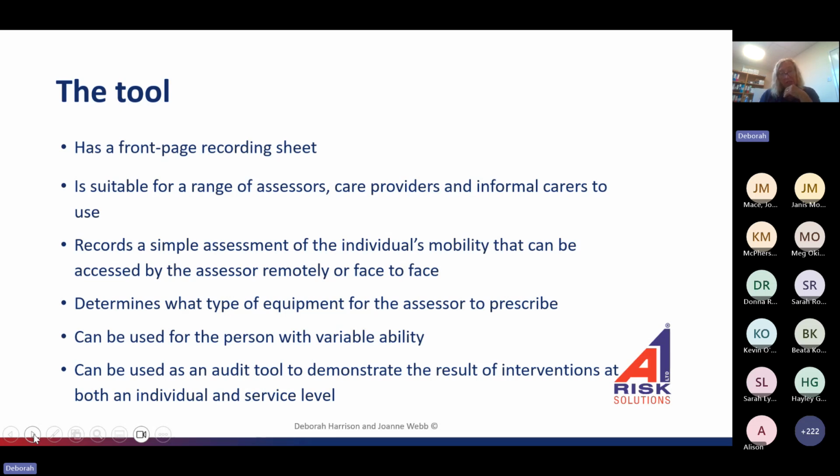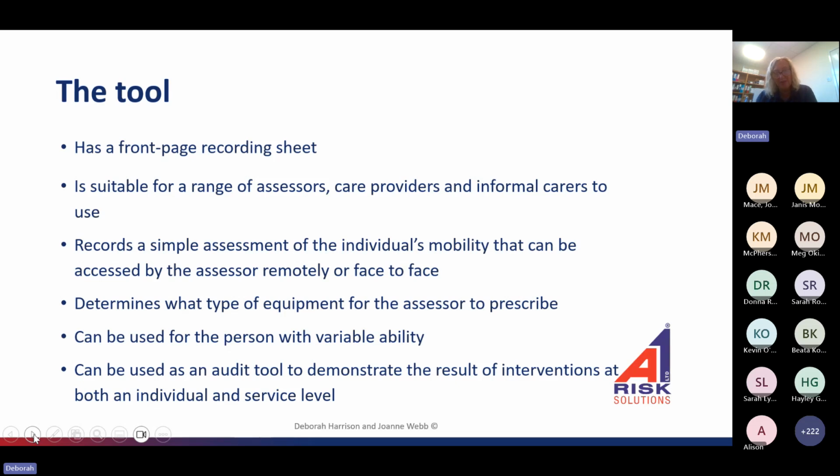We've used the tool as an audit tool, and it is absolutely phenomenal as one. What we found when we did that at Dudley Council was it gave them so much data that they could track and measure. We've got people coming into the service on mobility level 2 enablement and actually leaving on mobility level 3 or 4.